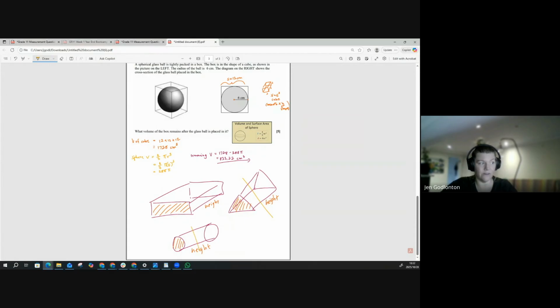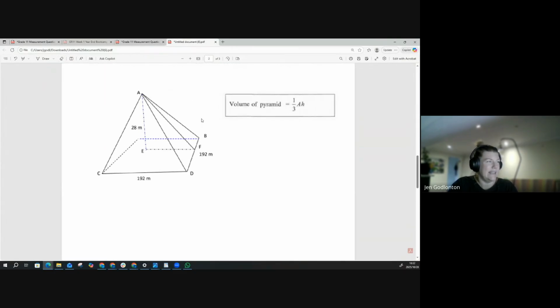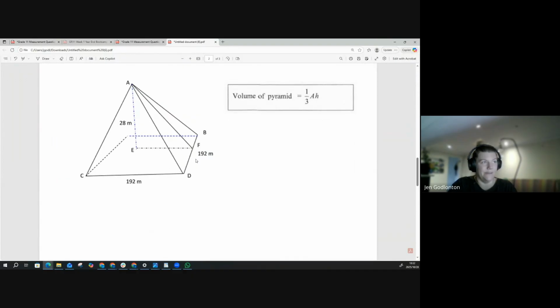If I cut that halfway through, I'm still going to see a circle. Then it's fine. As soon as we get into different shapes, like a cone, for example, it's not the same. Then I can't use that idea. Or a pyramid, I can't use that idea. Okay. Let's do a nice, easy question to end on.